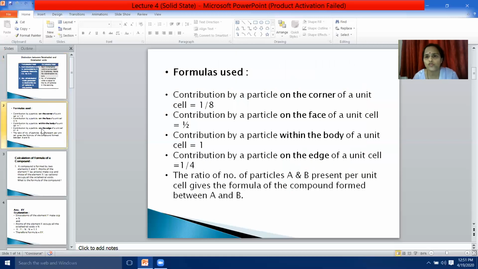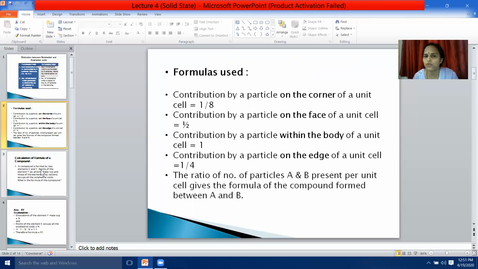Let us now go to the formulas that are used. This also I had dealt with in the last video, and I'm just showing you the formulas that you will be using for the calculation of the formula of a compound. We read that the contribution by a particle on the corner of a unit cell is equal to 1/8. Remember this in your mind.